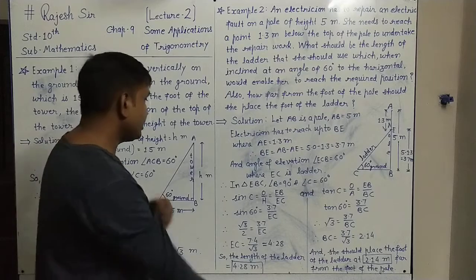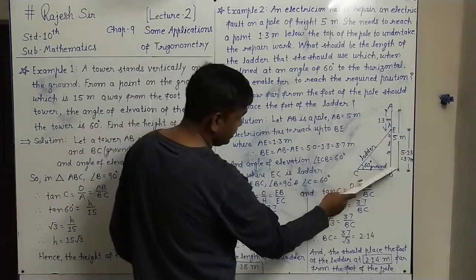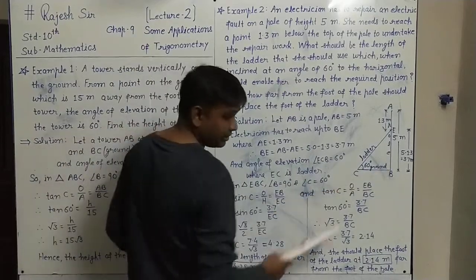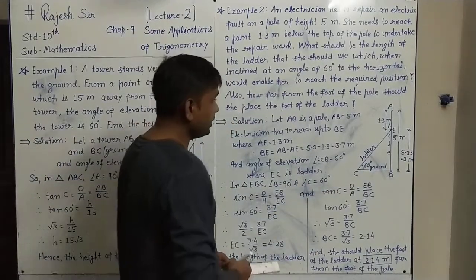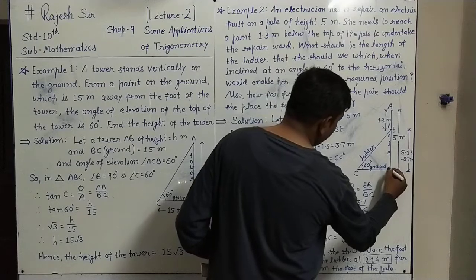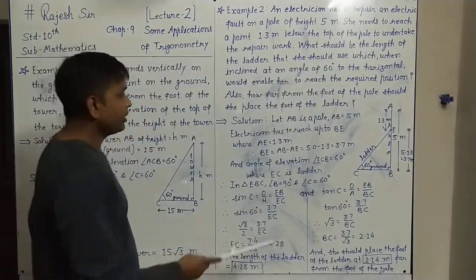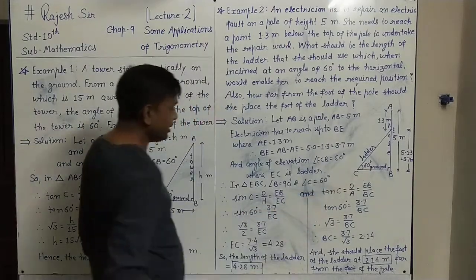Now you can see the triangle EBC only. It is a right angle triangle where angle B is 90 degrees, because the pole on the ground will always be vertical, making 90 degrees, and angle C is 60 degrees.